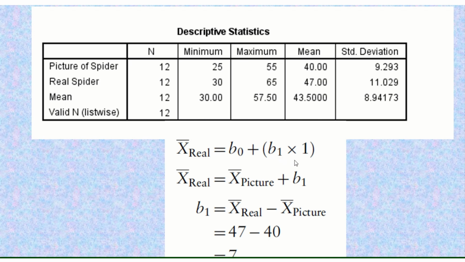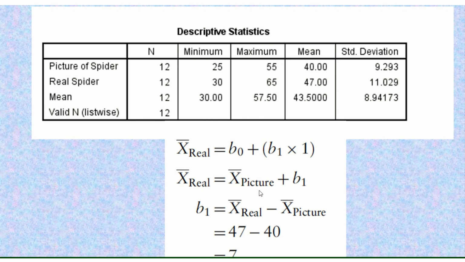So b sub 1 times 1 will give us b sub 1. And then the mean of the real spider is also equal to the mean of the picture. Where did we get this? Remember earlier, the b sub 0 or our intercept is also equal to our mean of the picture of the spider. So we will be replacing it with this one.